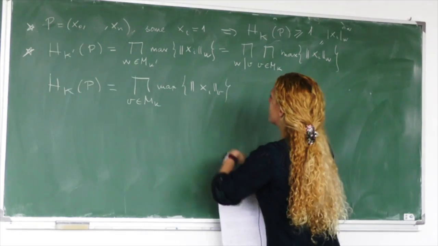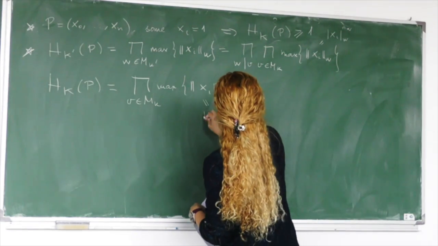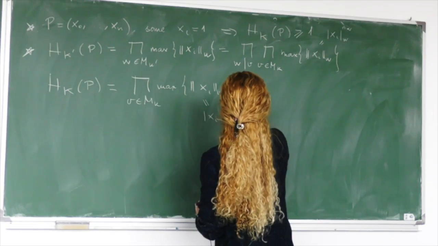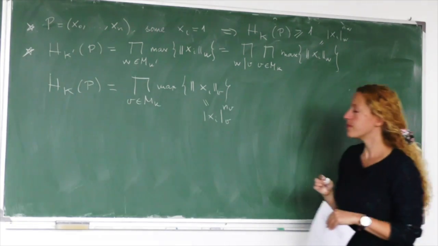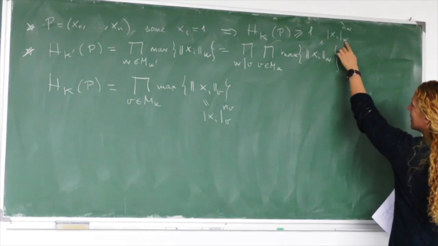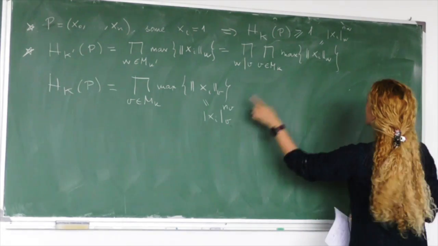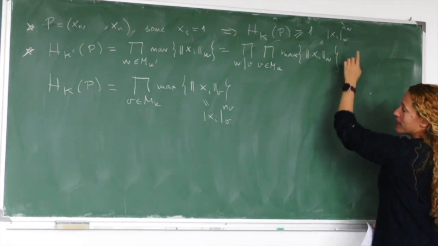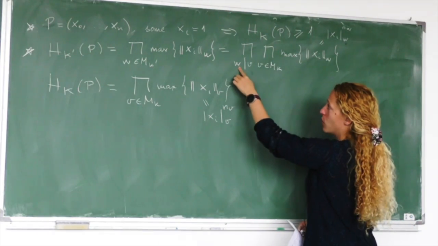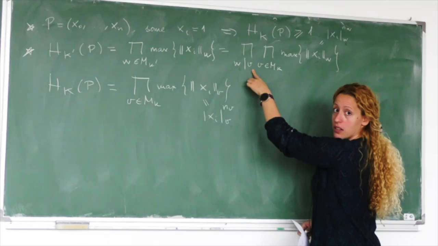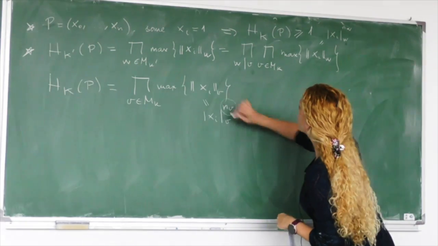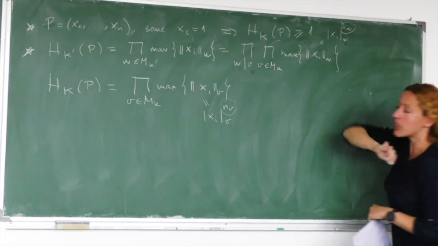So this is this height, and this is equal to this. And this actually is the same thing as this, because W restricted to K is equal to B, because W divides B, right?